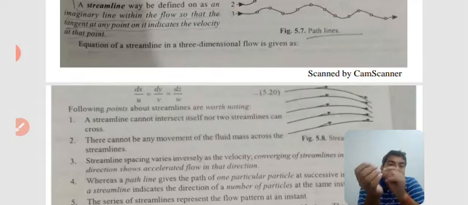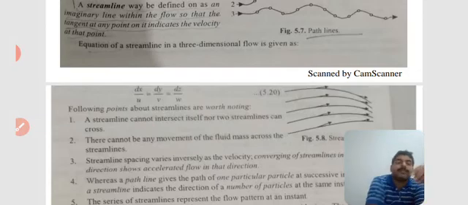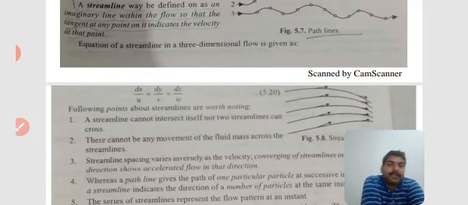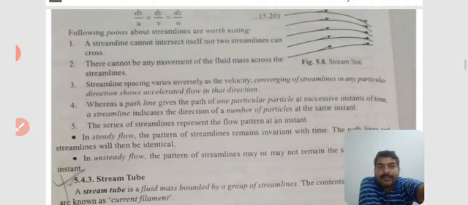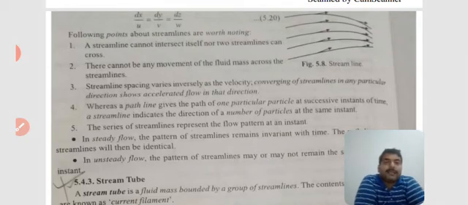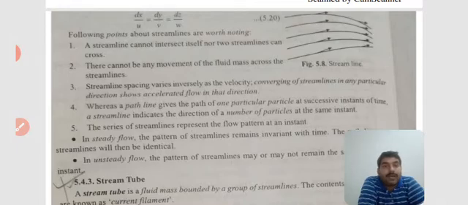Therefore, the velocity tangent at any point is different in comparison to the other points, as we see in the pictures. Okay, that is dx upon u equals dy upon v equals dz upon w, all are equal.